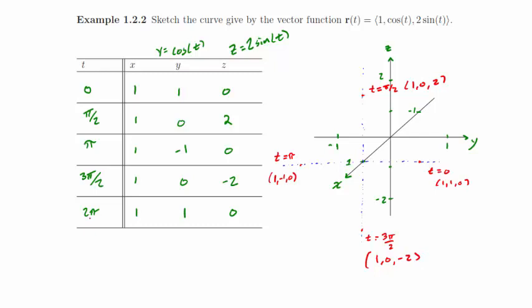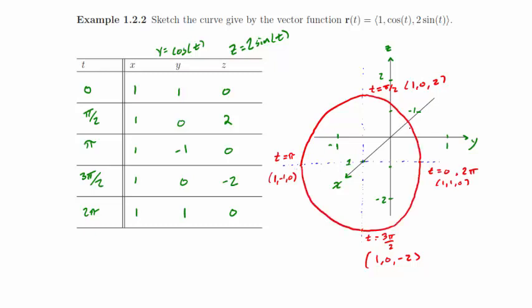And then for 2 pi, we get x is 1, y is 1, z is 0, which is back to this point. So this is also when t equals 2 pi. If I then connect the dots, our nice little complicated calculus version of connect the dots, then I'm going to pause this and make it nice.